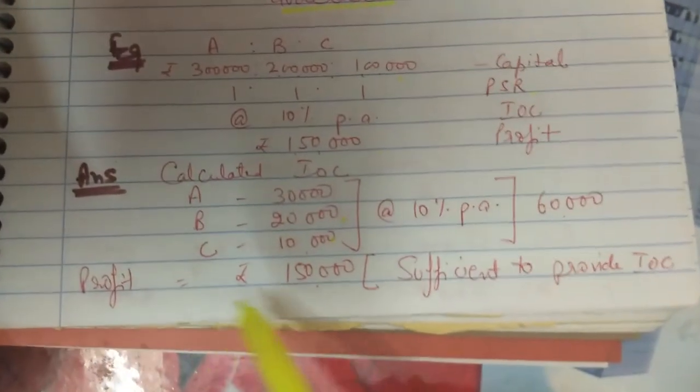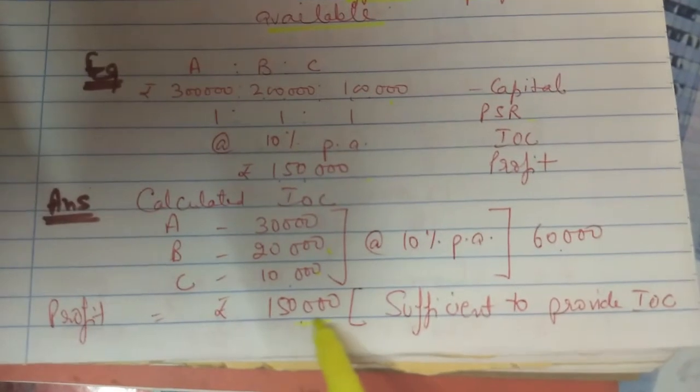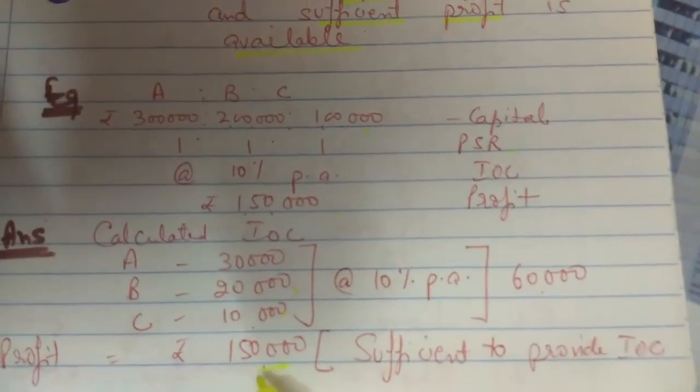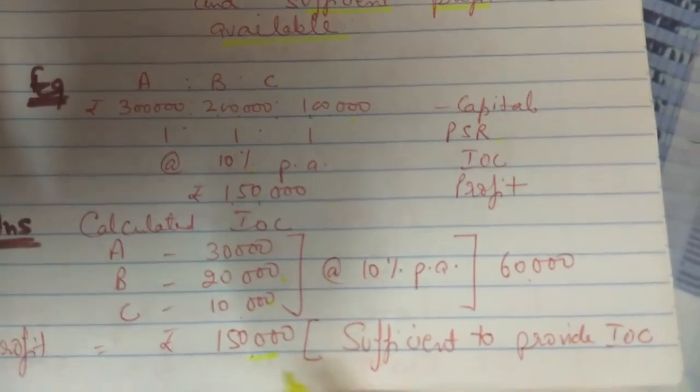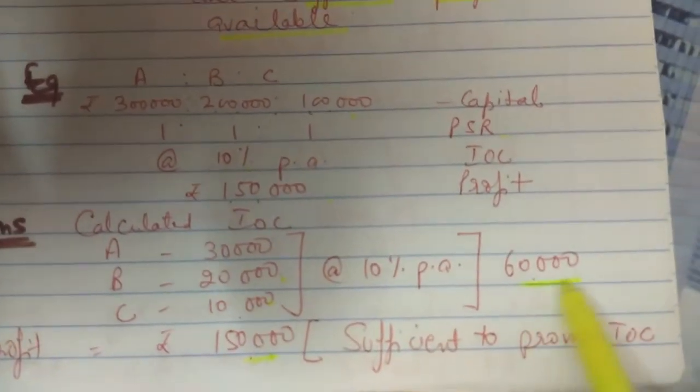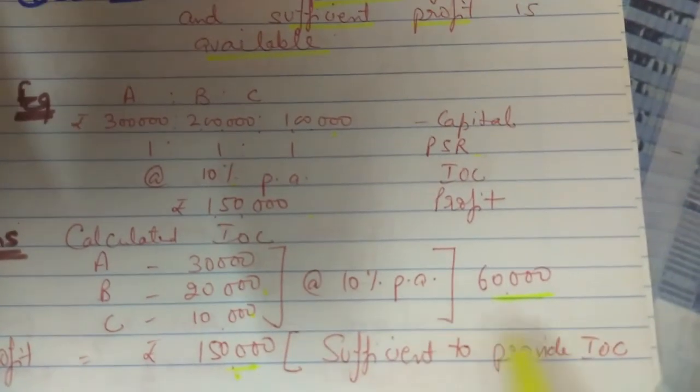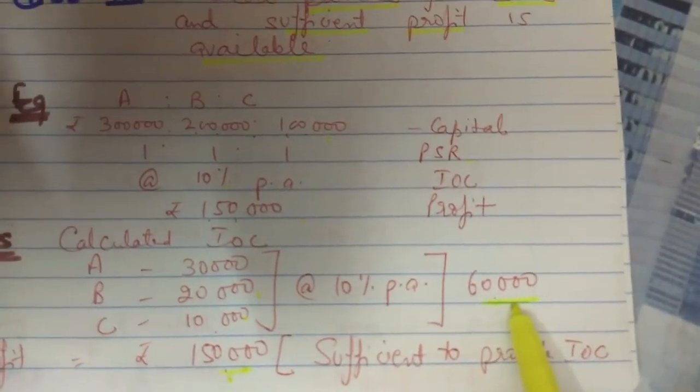Now as we are given a profit of rupees 1,50,000, that means we have enough profit to cover IOC. Profit is 1,50,000 and the total of IOC is 60,000.